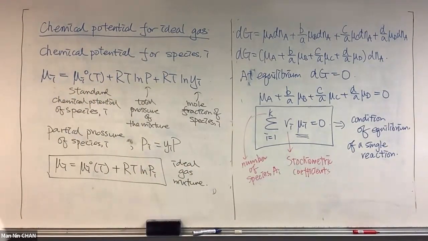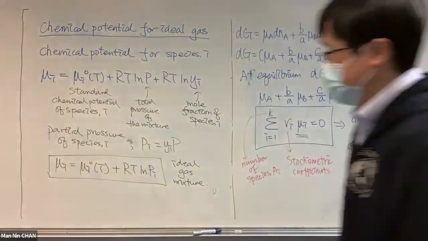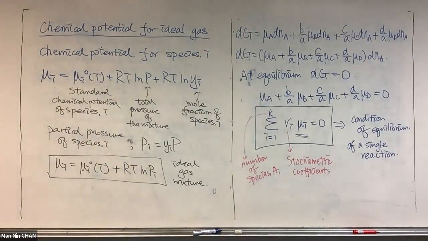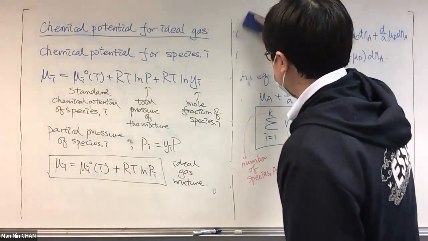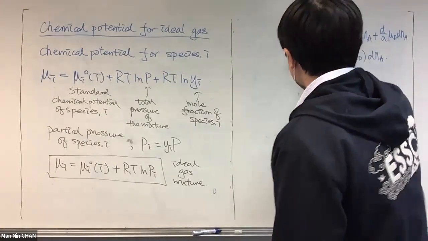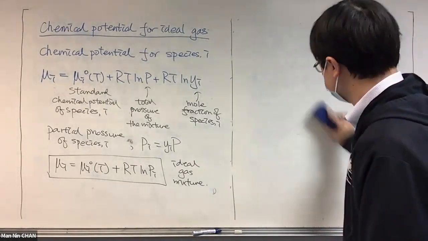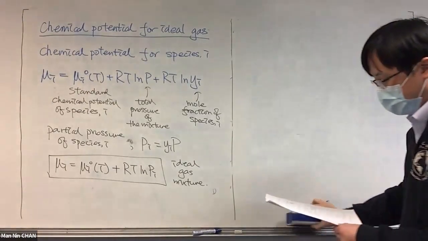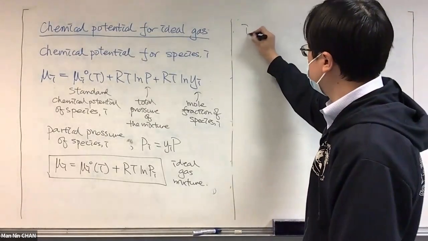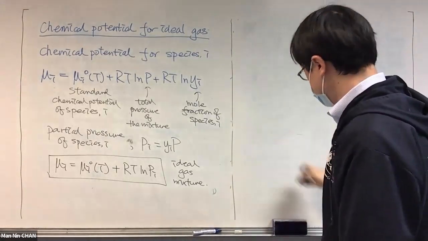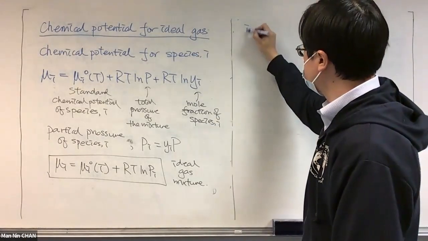So this is the ideal gas mixture. Also in the atmosphere, we always talk about the solution. You have the water droplet, the aqueous droplet. Therefore, you can also talk about the ideal solution.